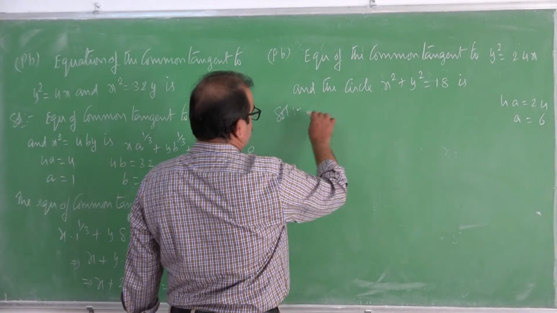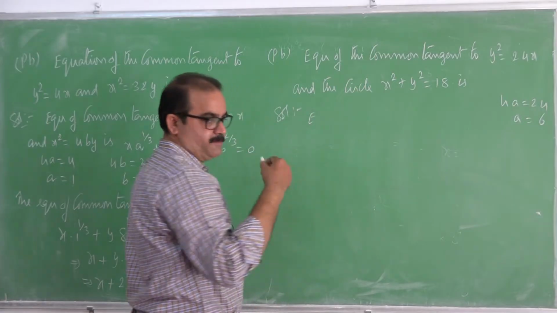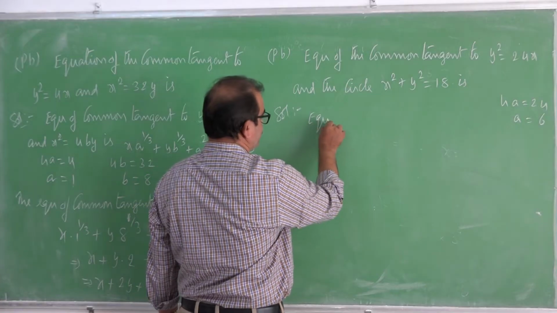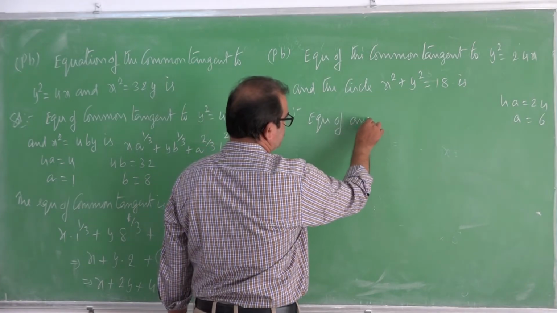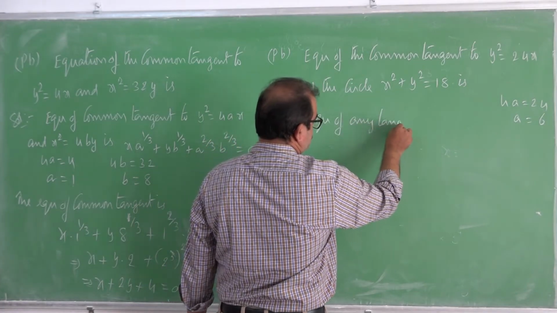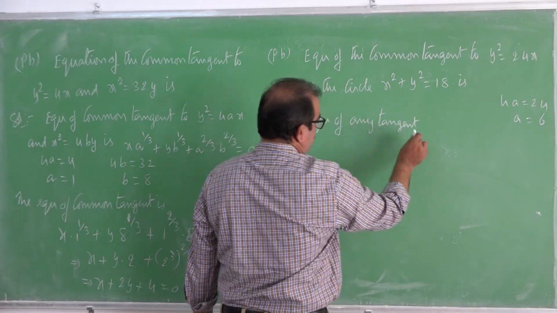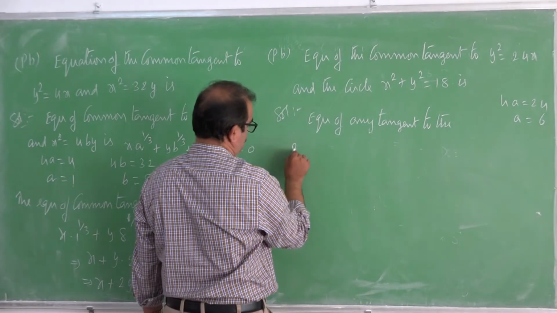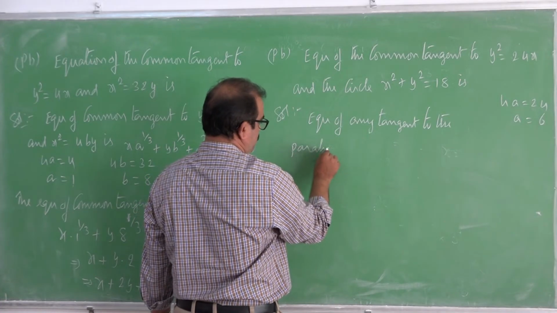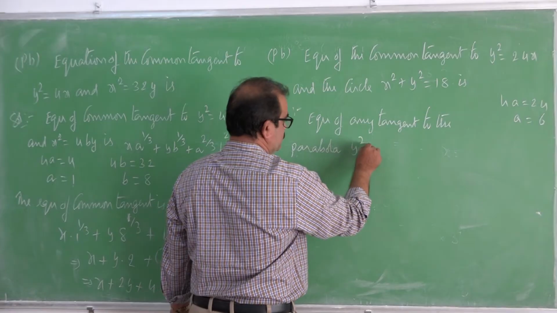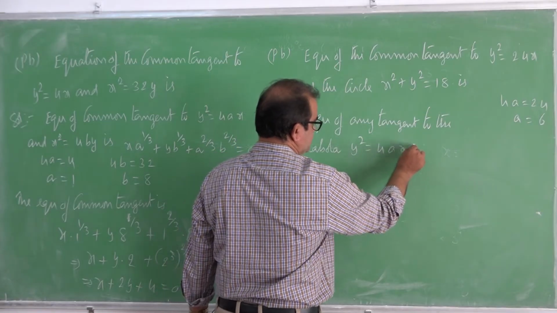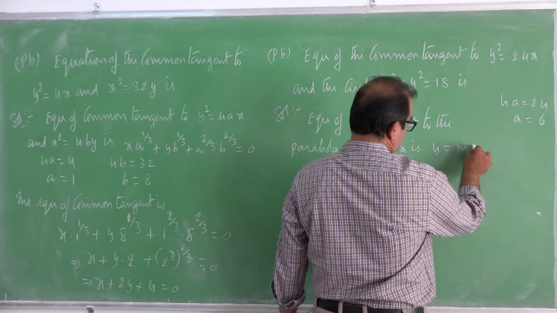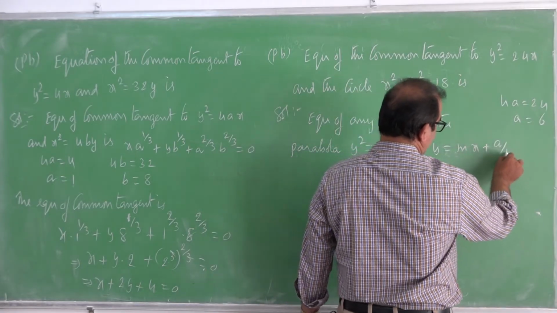Okay, we know equation of, in previous class we have already discussed equation of any tangent to the parabola y square is equal to 4ax is y is equal to mx plus a by m.